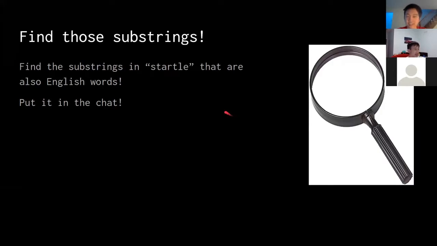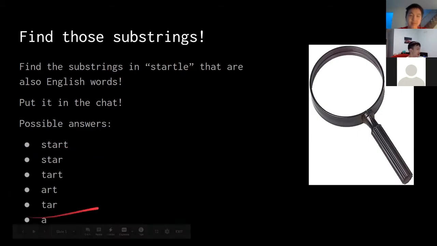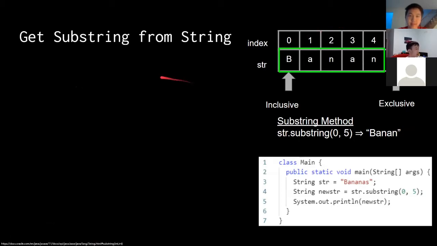Tar, yes. Tart, yeah. I definitely meant to show that. And there's one more, le. That's a French word. English, please. There's one more, and it's just a. Yeah, so those are all substrings inside startle that are also English words, but it's just an example.